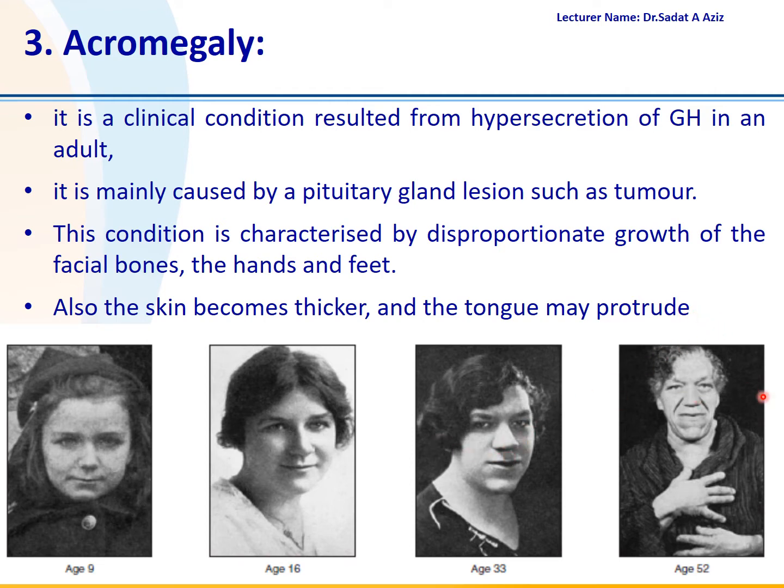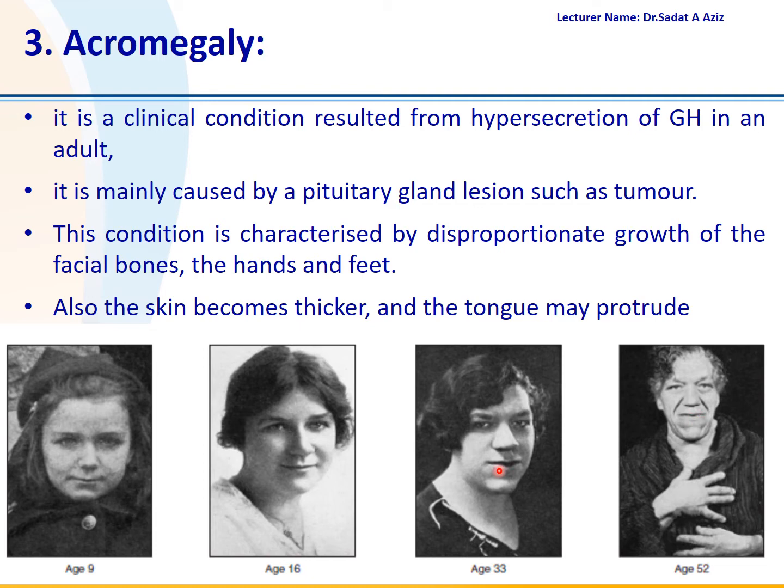If you have a look at this person, the hands and the feet. Okay, so there is a disproportionate growth of the facial bones, hands, and feet, and the skin becomes thicker, and the tongue might be protruded from the mouth.